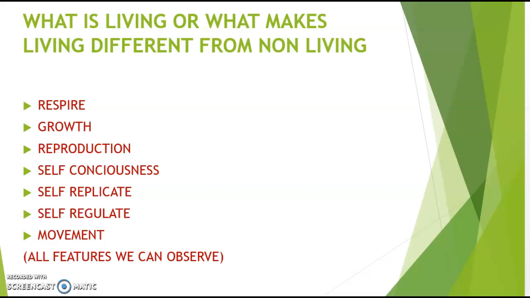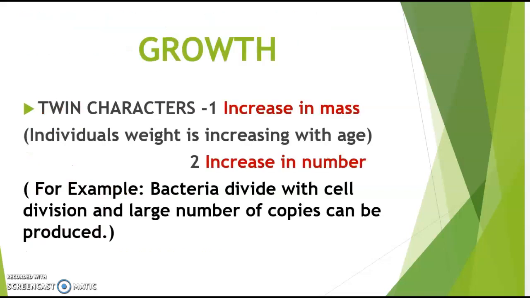Living organisms can respire, they can grow, they can reproduce, they have self-consciousness, they can self-replicate, self-regulate, like osmoregulation, meaning they can control their body temperature, and they show different kinds of movements also. So these are the observable features which make living organisms different from the non-living.